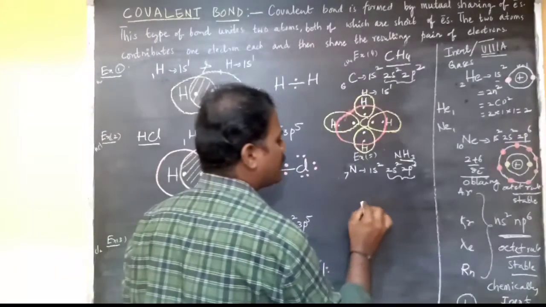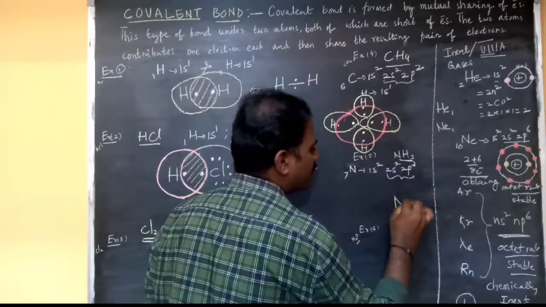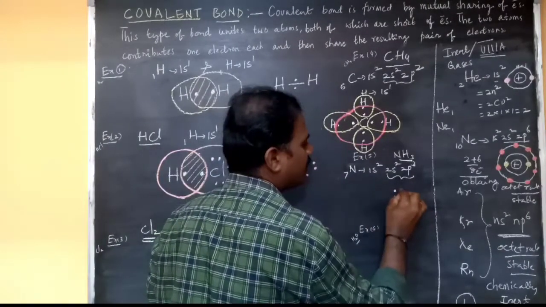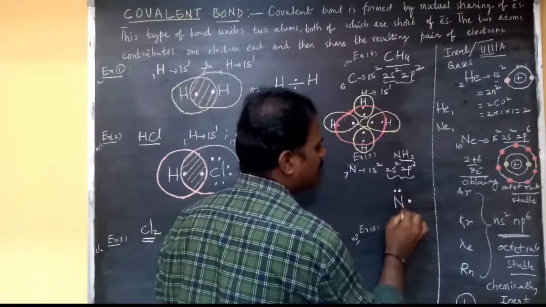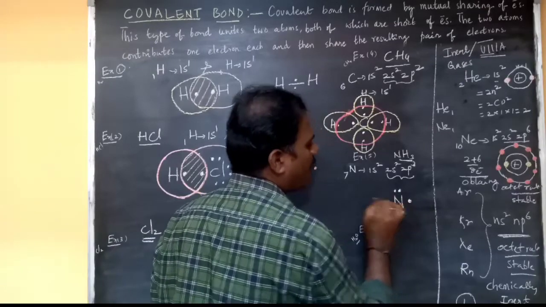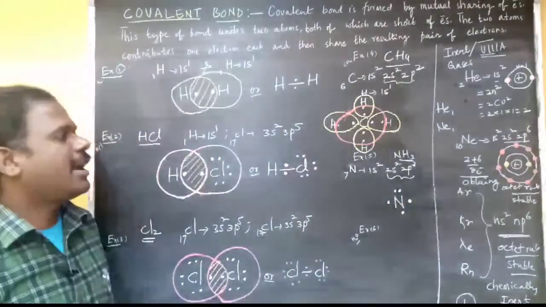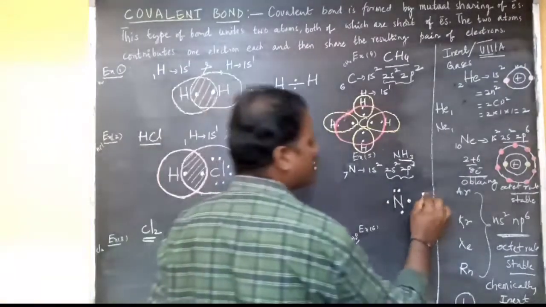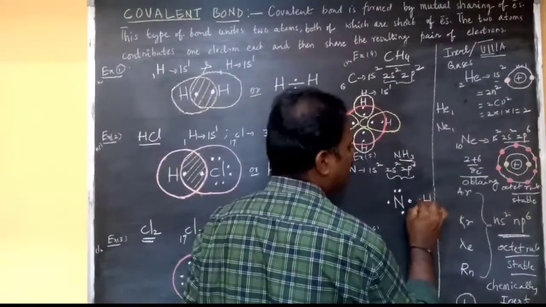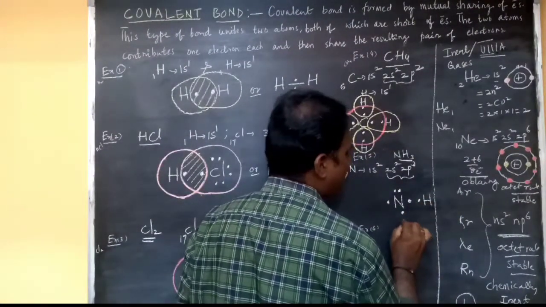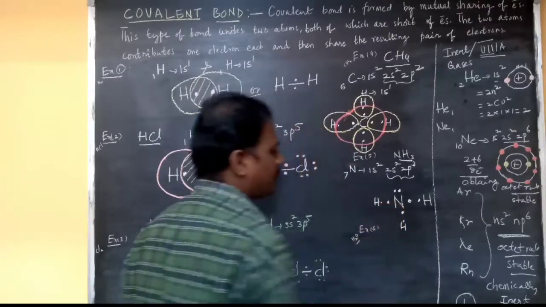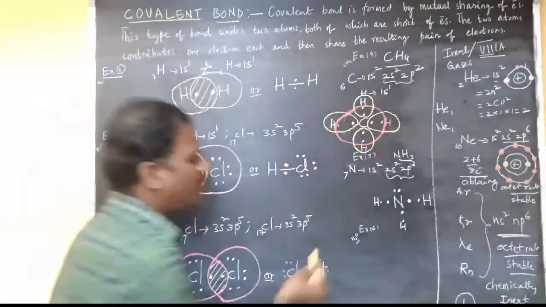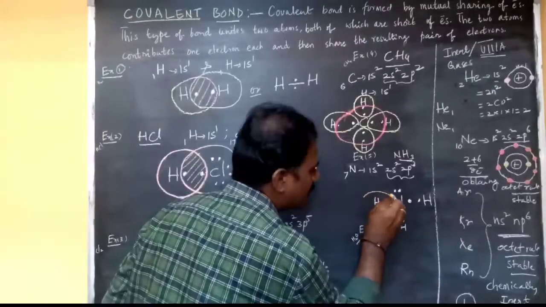Then we can represent it like this: nitrogen with 2, 3, 4, 5 valence electrons, and each hydrogen with 1 electron. There is a formation of a bond taking place.